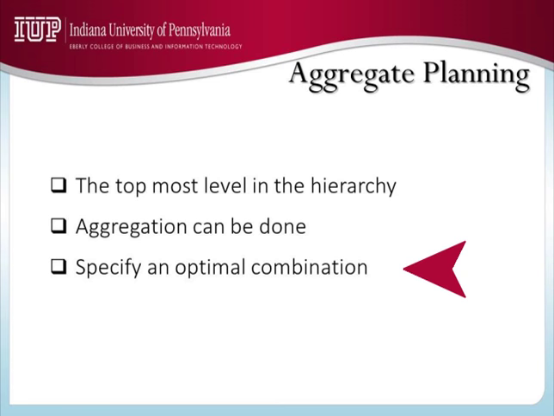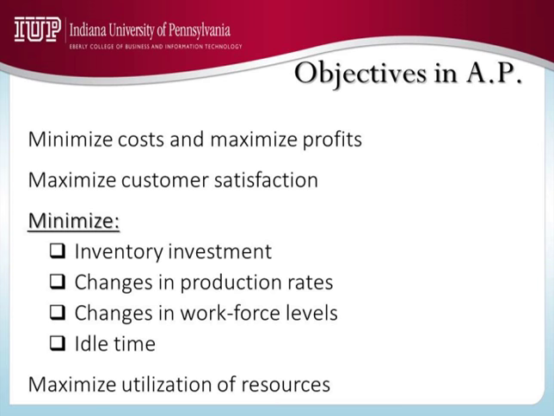So what do we do in aggregate planning? In aggregate planning, the objective is to specify an optimal combination. The key word here is optimal, the best possible combination of these three: production or service rate, how many people to serve or how many units to produce; the labor force, the number of employees, also called capacity in my previous presentation; and then the third one is my inventory level.